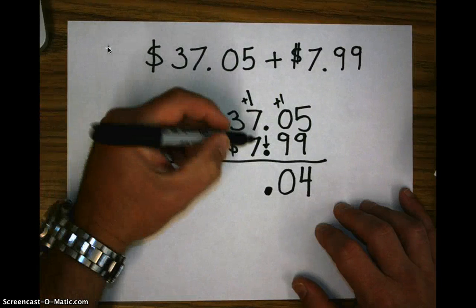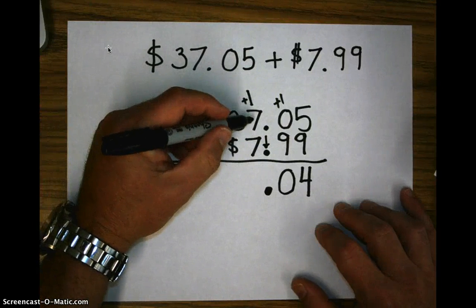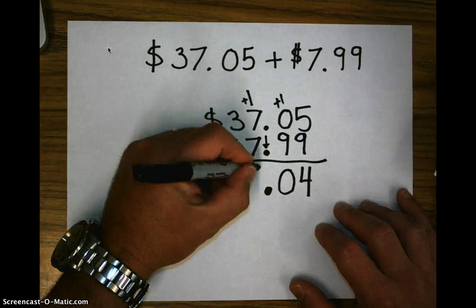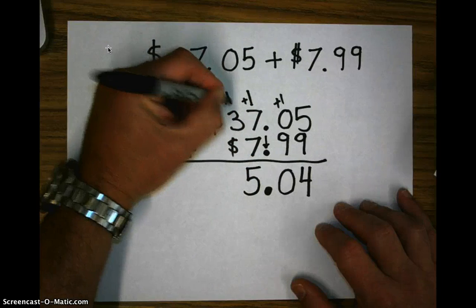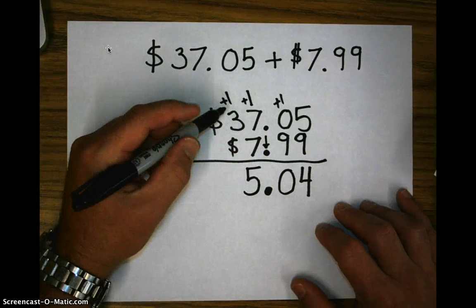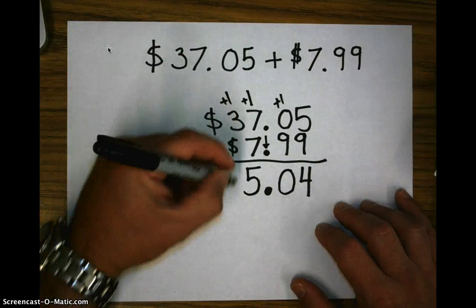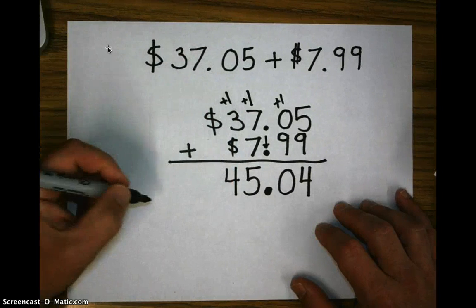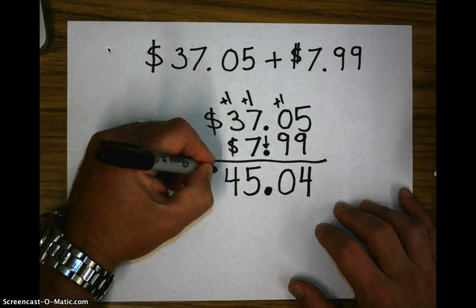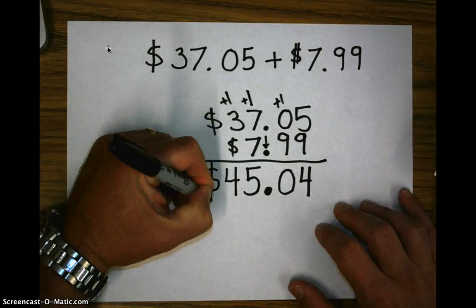All right? 7 plus 7 is 14, plus 1 more is 15. I write my 5 and carry over my 1, which in this case is a 10. And 3 plus 1, that is 4. It's in the tens place, so it's 40. And my last step is put my dollar sign in.